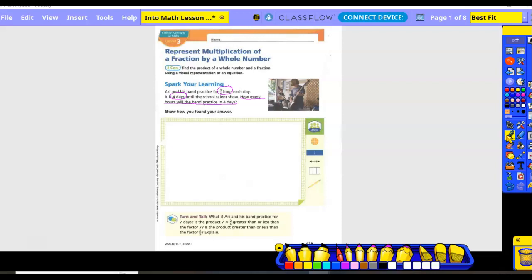Okay, so what's going to be my equation? 4 times 2/5. Okay, they want us to show a model. So how many rectangles am I going to draw? 4, right?